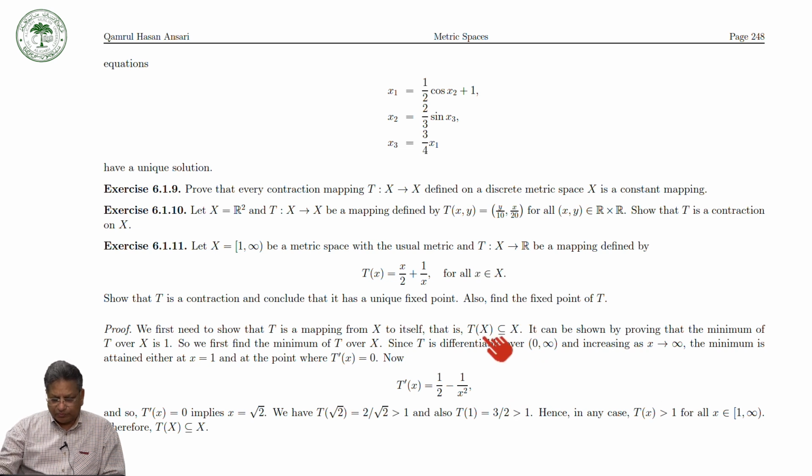This can be shown by proving that the minimum of T over X is 1, because it will not take any value less than 1.